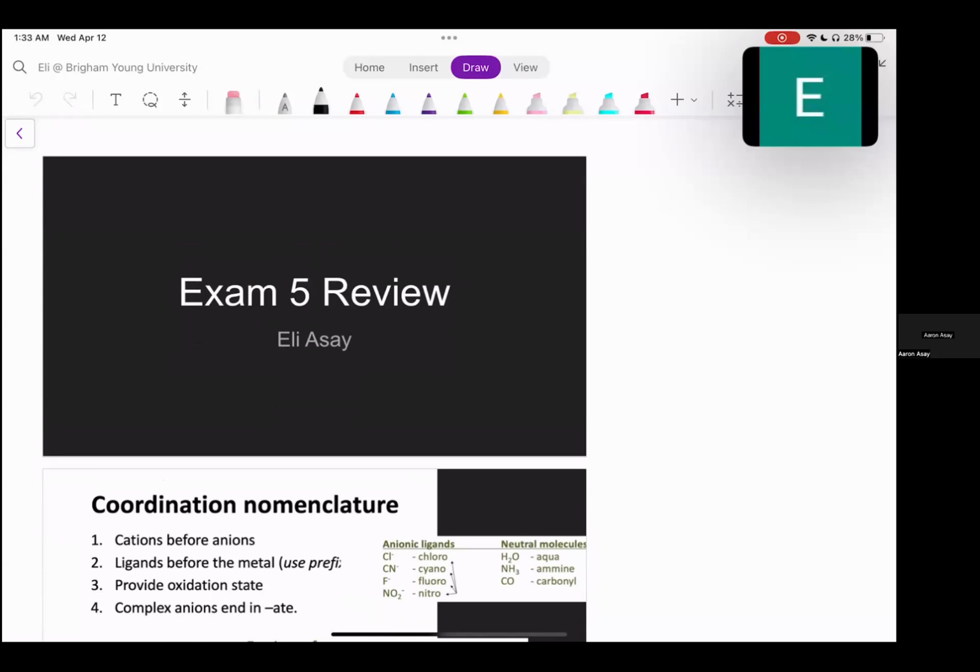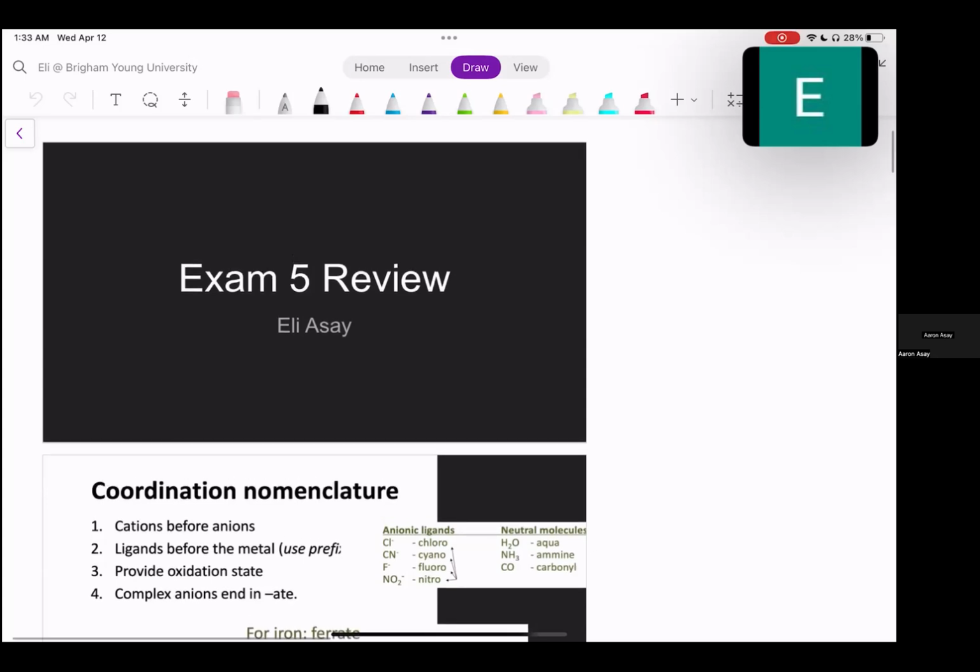Just to be completely candid with you guys, this is not going to cover 100% of everything. So it's super important that you are doing your studying on your own, figuring out where your gaps of understanding are, and filling those gaps.